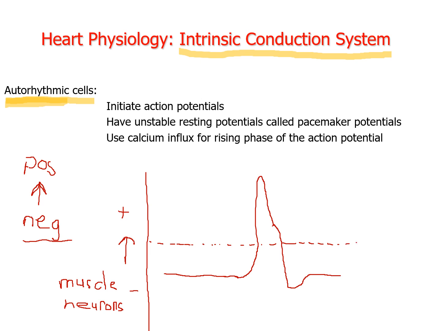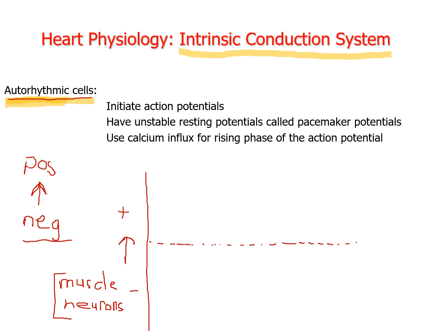That's what skeletal muscle does, that's what smooth muscle does, that's what neurons do, and that's what cardiac muscle cells do, but not cardiac autorhythmic cells. They do something quite different. They don't need a signal to come in to generate an action potential, a sudden change in their internal charge from negative to positive.